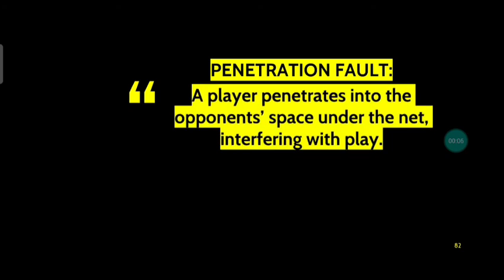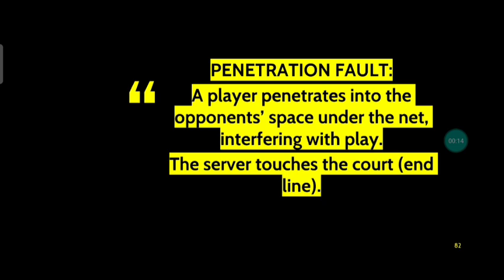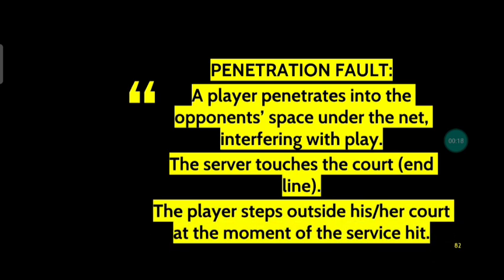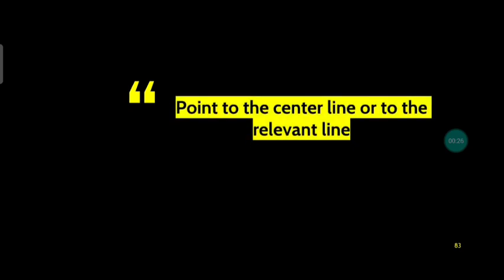A player penetrates into the opponent's space under the net, interfering with play. The server touches the court or the end line. The player steps out of his or her court at the moment of the service hit. Point at the center line or to the relevant line.